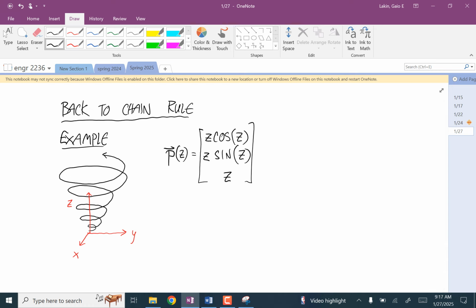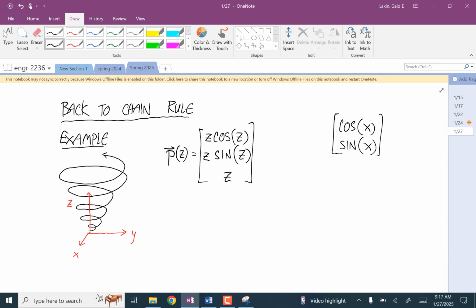Does that make sense? Can you make sense out of that parameterization? Think about, basically, at any z value, this thing is going in a circle. Because if you have a vector like cosine of x, sine of x, then what this is doing as x increases is just following the unit circle around.